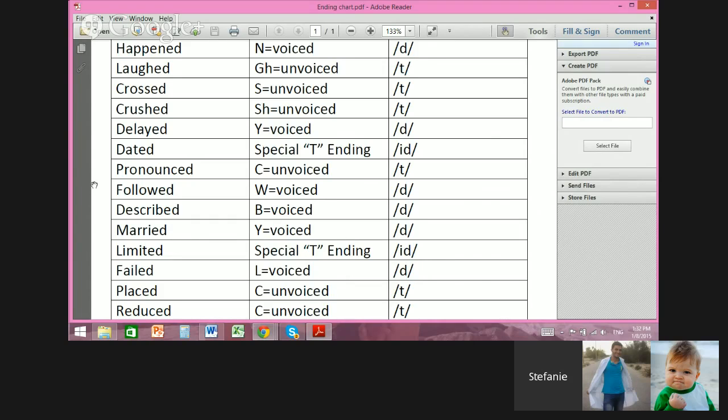Happened has an N at the end, which is voiced, so it ends with a hard D. However, laughed has a GH, which sounds like an F, and that is unvoiced, so it ends with a T. So rather than doing one word, I am comparing two words. Maybe both of the words will be voiced, or both unvoiced, or maybe they will be different. It just depends on the chart, but now you are going to compare.